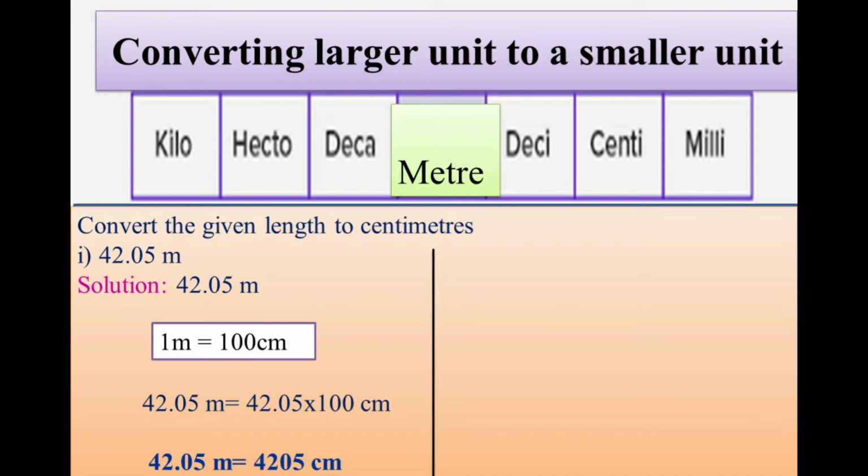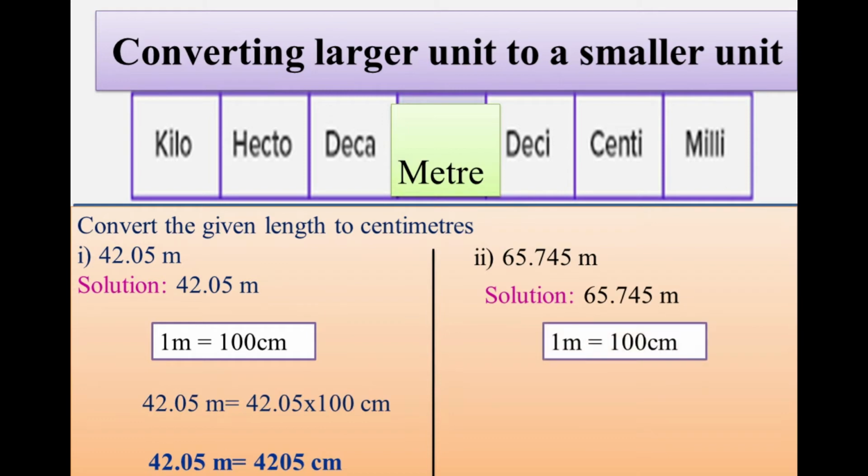Let us see another example. 65.745 meter. Here also we have to convert to centimeter. As I have taught you already, 1 meter is equal to 100 centimeter. So you have to change this meter to centimeter.